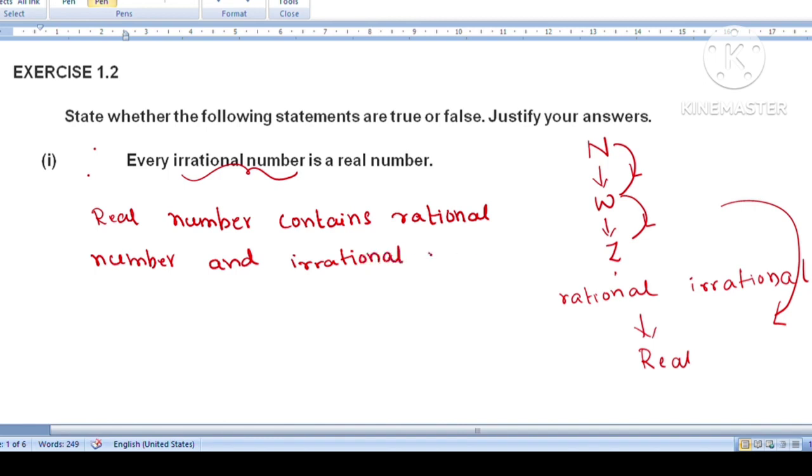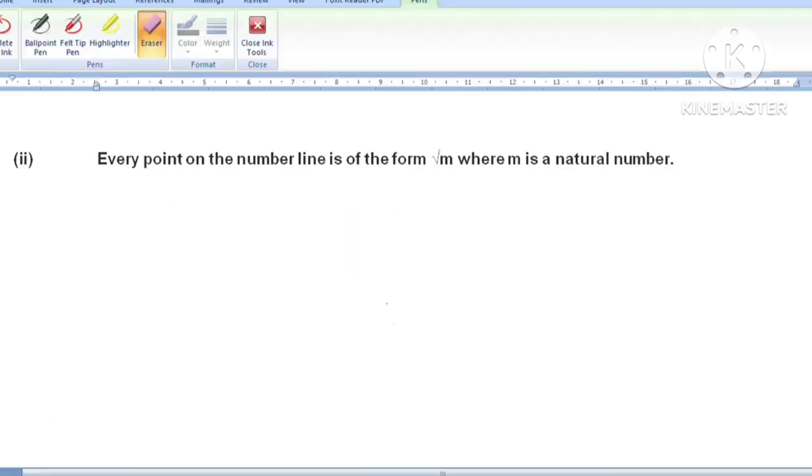So all the irrational numbers are real numbers, but all the real numbers are not irrational numbers. Reverse order is not applicable. All the rational numbers are real numbers, but all the real numbers are not rational numbers.